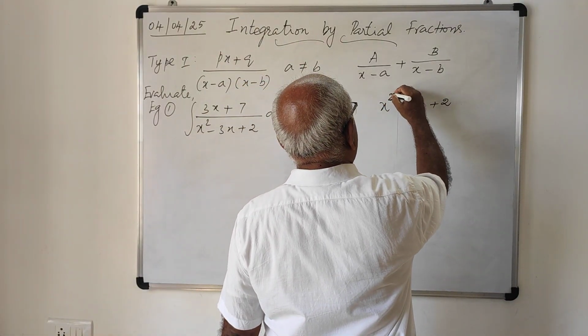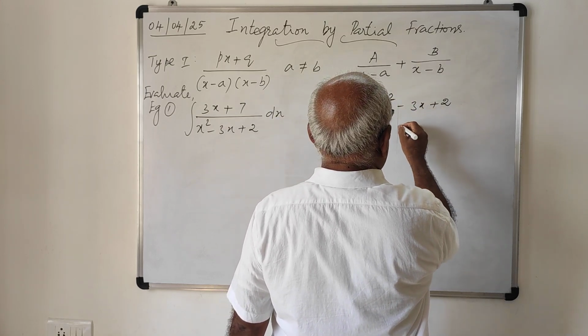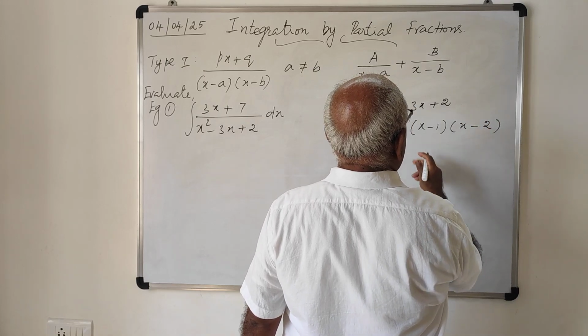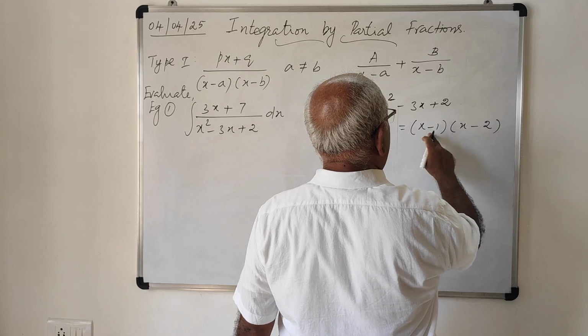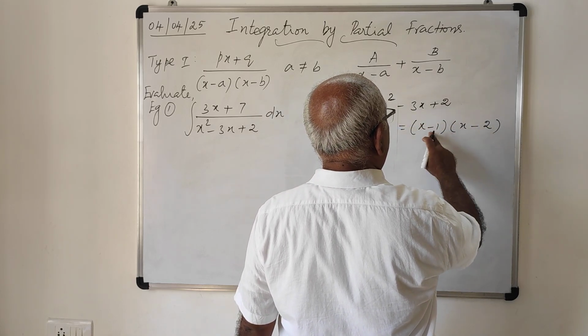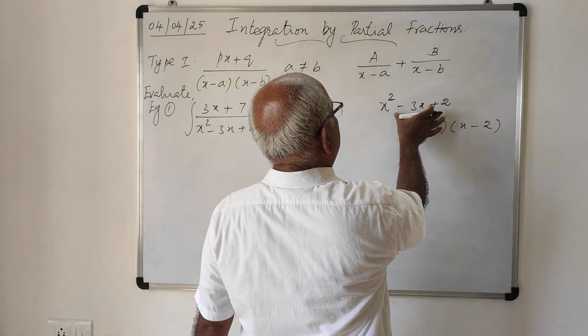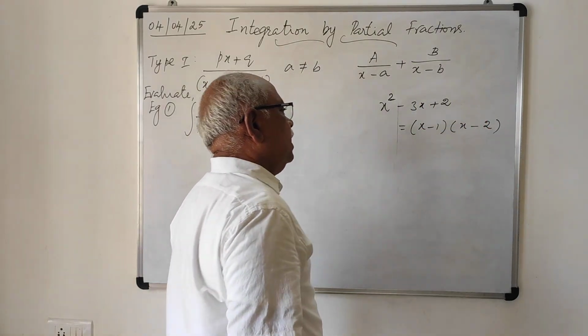We have to factorize this quadratic expression as (x minus 1) into (x minus 2). (x minus 1) into (x minus 2) is x square, minus 1 minus 2 gives minus 3x, minus into minus plus 1 into 2. So we split this quadratic expression into two factors.